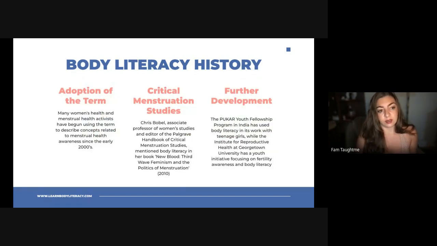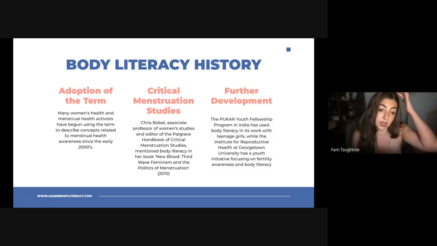And then there was more of an adoption of the term body literacy by many different health and menstrual health activists, and that eventually expanded into Chris Bobel's work with critical menstruation studies. She's an associate professor of women's studies and the editor of the Palgrave Handbook of Critical Menstruation Studies, which was the first of its kind.